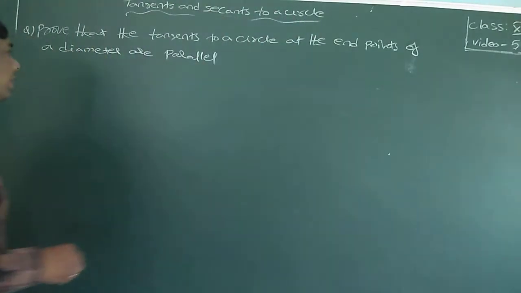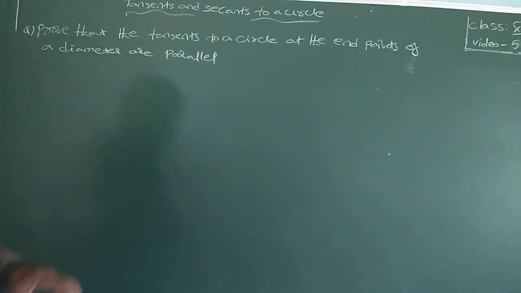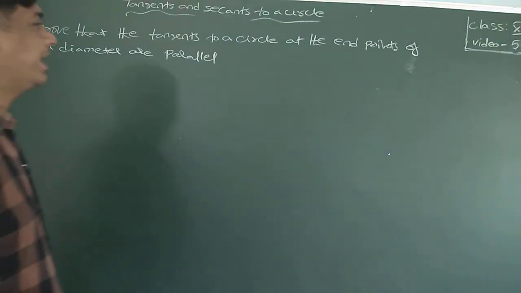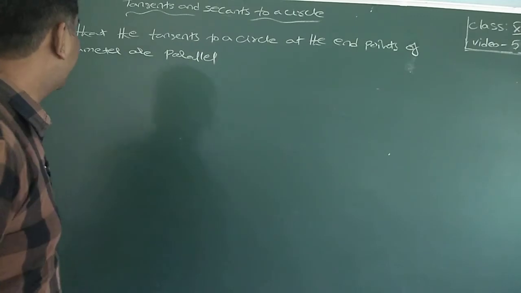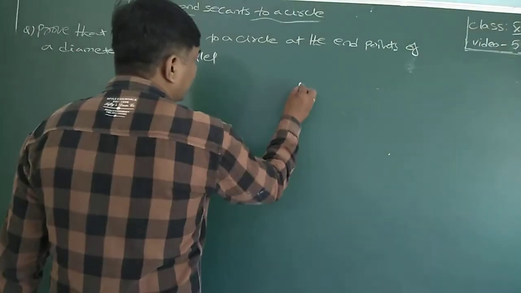I have to prove that. Prove that tangents to a circle at the end points of a diameter are parallel.